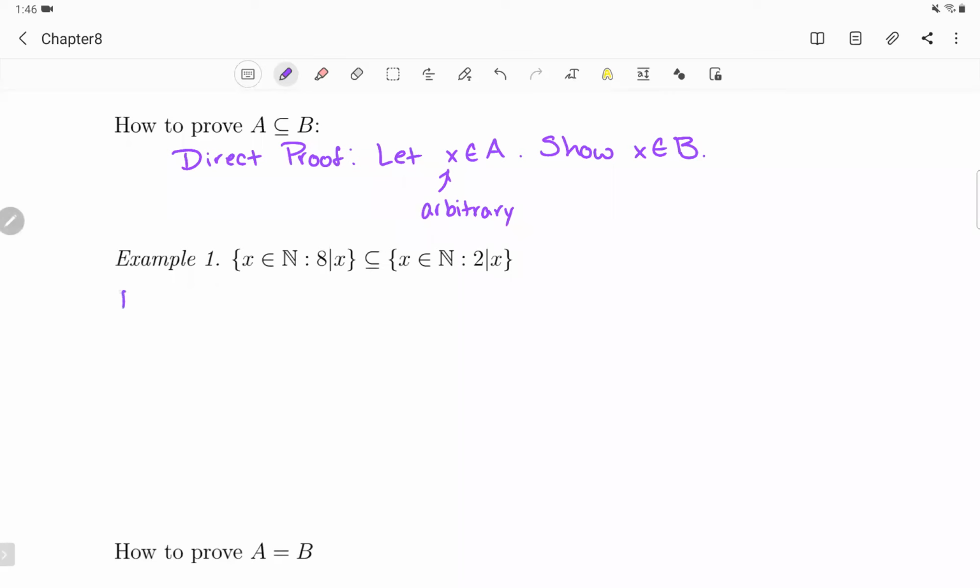So proof. So that I don't have to write what these sets are over and over, I'm going to give them names.